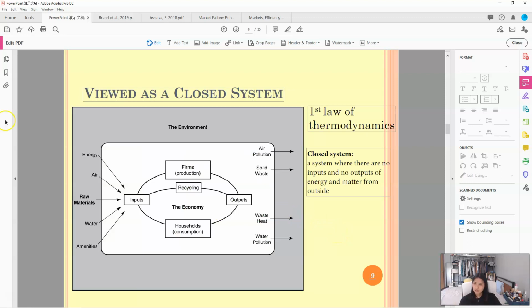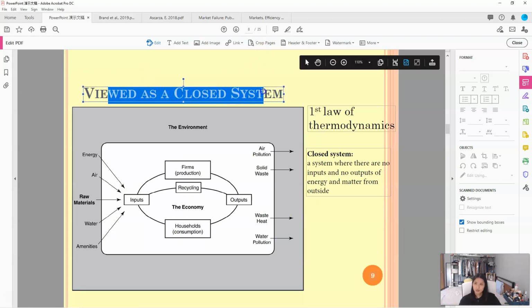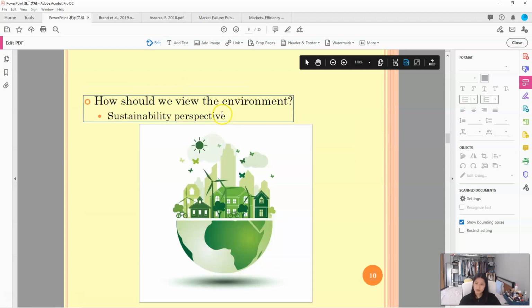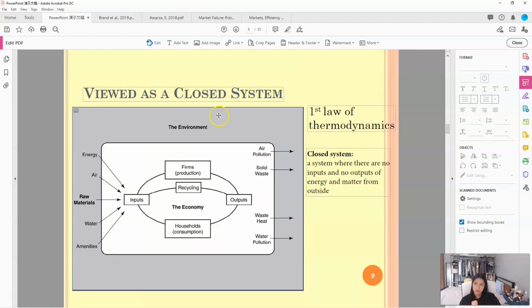So why is knowing what system the environment is important? Because it affects how we view the environment. Because the environment is a closed system, and we get so many inputs, so much energy, air, and water from the environment, and we produce so much pollution to the environment.